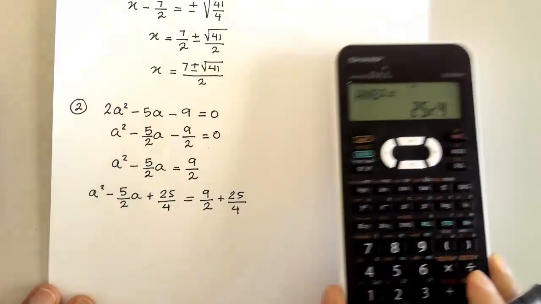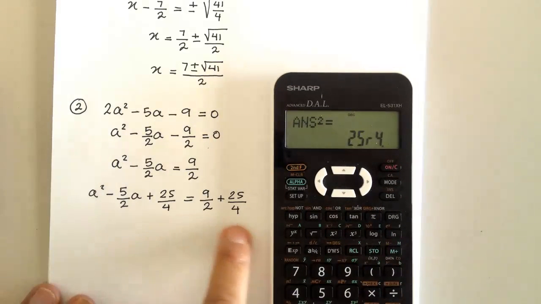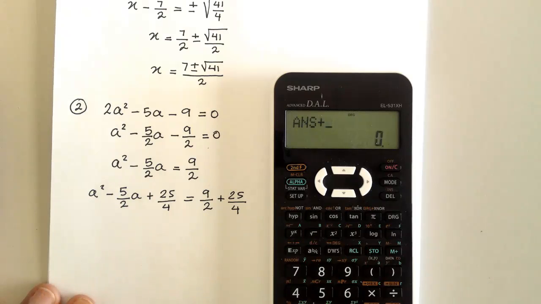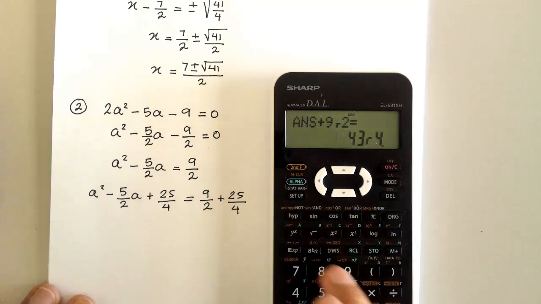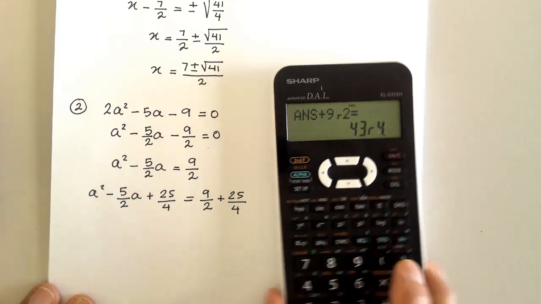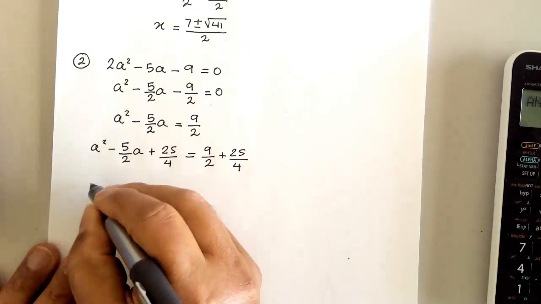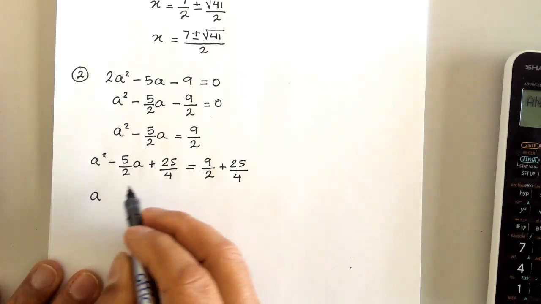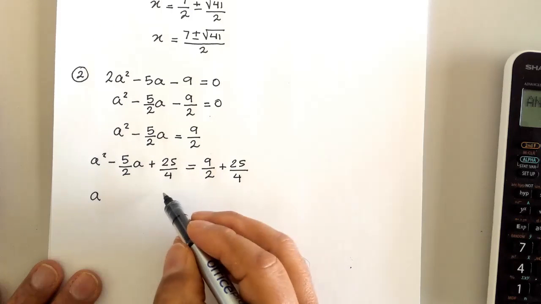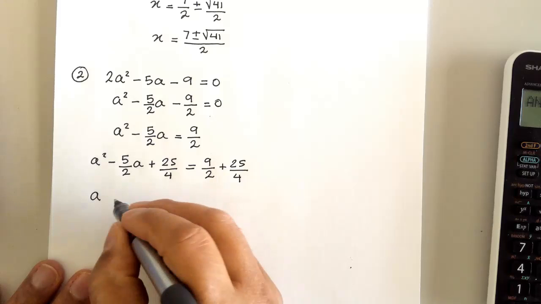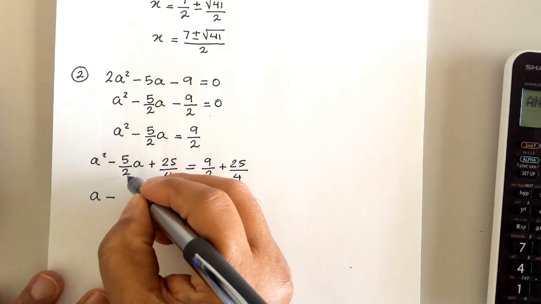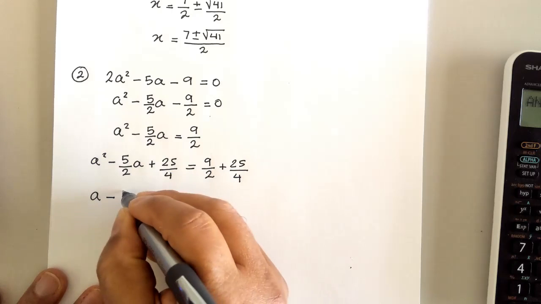Then we simplify this. 25 over 4 plus 9 over 2 is 43 over 4. And by the way, the left side is now a perfect square, so we can write a minus 5 over 2 divided by 2, which is 5 over 4.